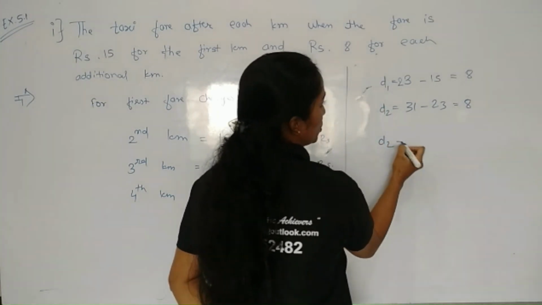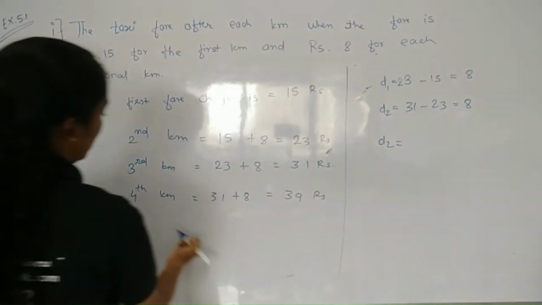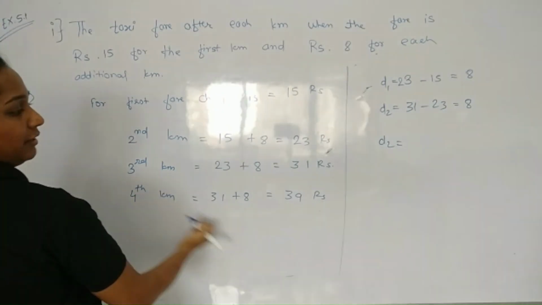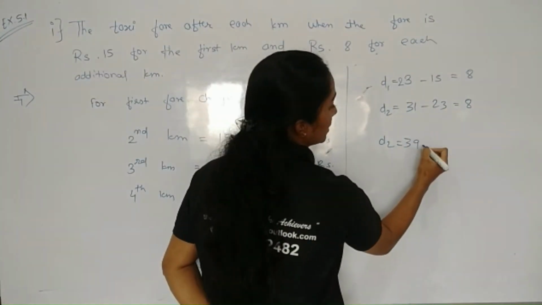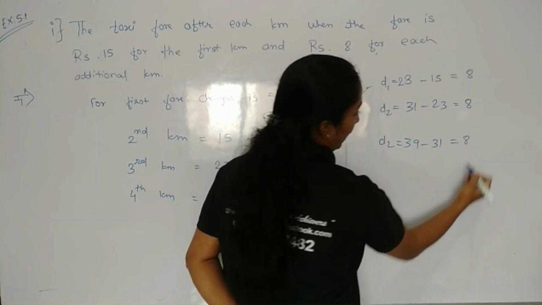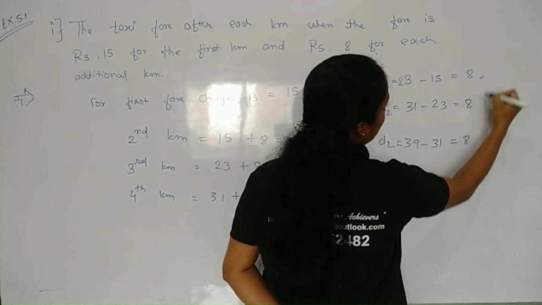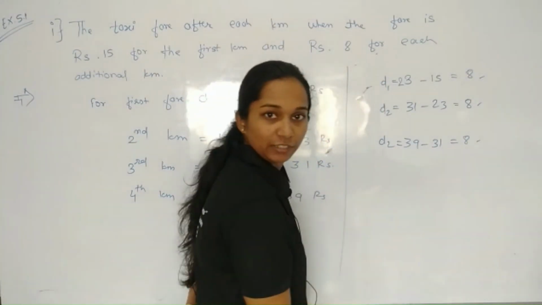And the next difference is the fourth fare minus the third fare, 39 minus 31, which is also 8.